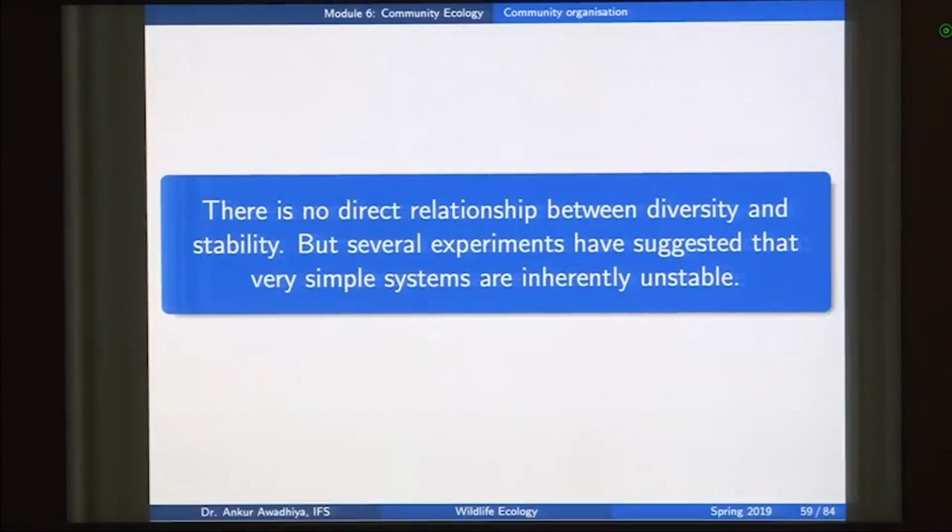So, if there is a system that is very simple, that will tend to become unstable or will tend to have more amount of instability. However, if you have a system that is more complex, there is more amount of stability. But then if we talk about a direct relationship between diversity and stability, that has not yet been known. So, probably we should say that yes, biodiversity increases the stability, but only to a certain extent.